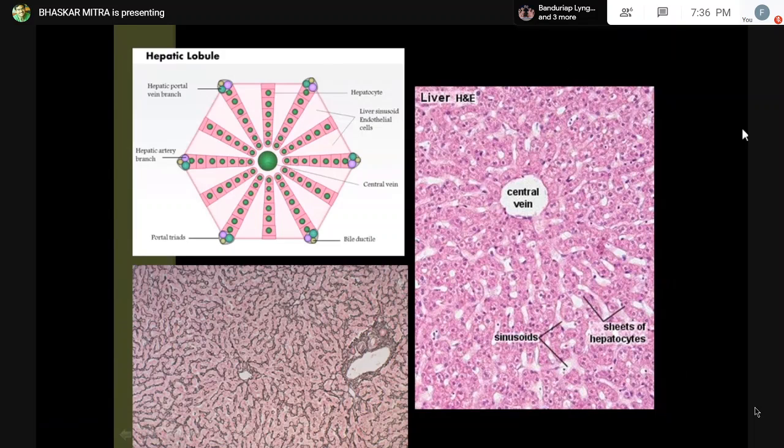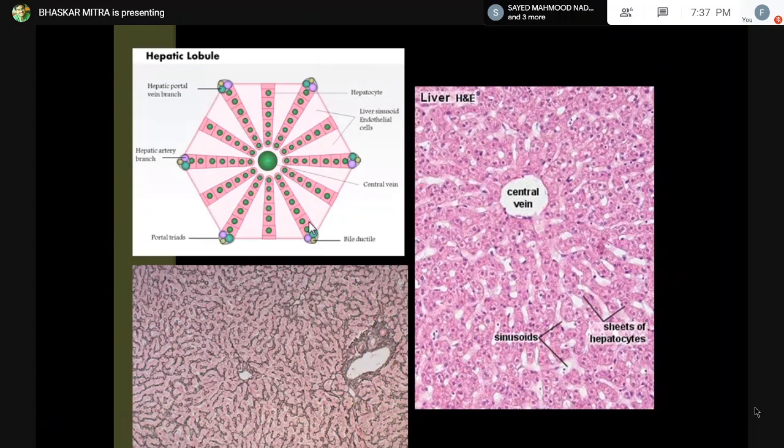This liver architecture is well maintained by the reticulin framework, which holds these cords of hepatocytes. These are the basic important points we have to remember while we study a liver lesion, both in inflammatory and neoplastic conditions. First, we describe whether any disturbance in the hepatic lobule is present or not.